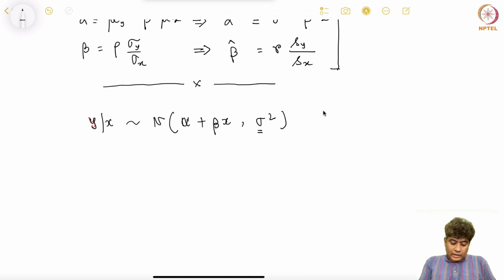So I have estimated alpha and beta with alpha hat, beta hat.